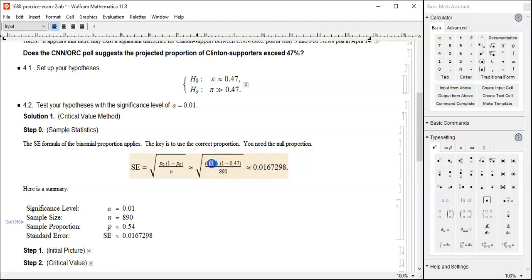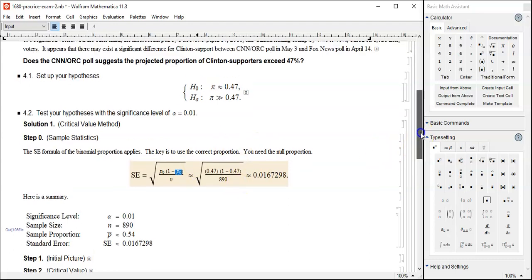Tricky part: this is null, this p0, the probability is null. That's why I'm putting this little 0 here to emphasize this is null, not the other probability, not 54%.